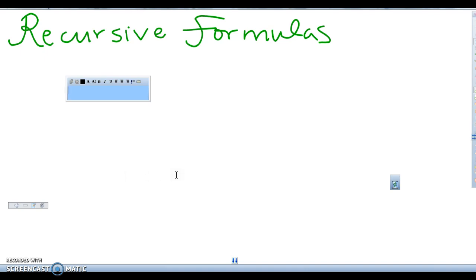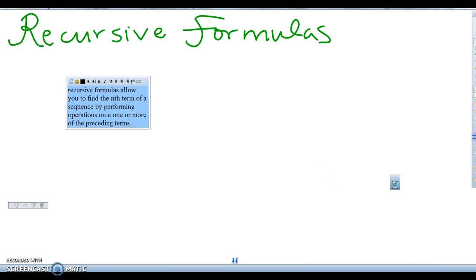And a recursive formula allows you to find the nth term, which is always what we're interested in, of a sequence by performing different operations, whether it's geometric like multiplying and dividing, or arithmetic like adding and subtracting, on some of the previous terms, so one or more of the preceding terms.